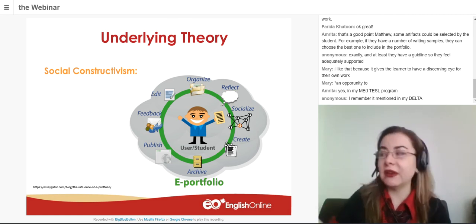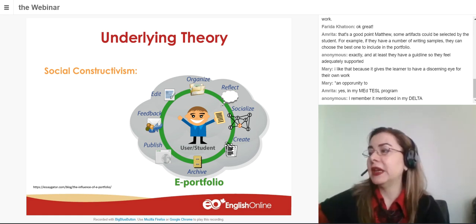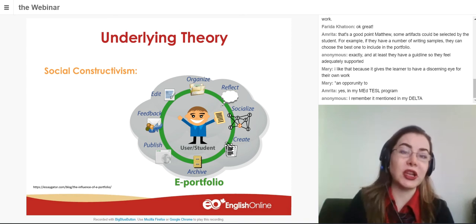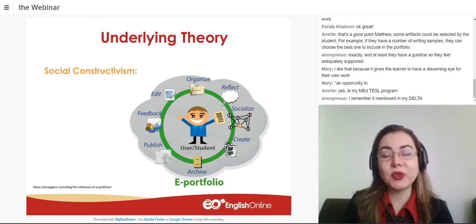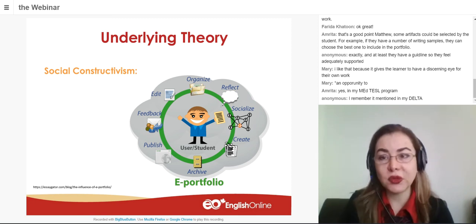Another evidence of effective learning is that it happens in a social context. So this is the other part of the theory. There is interaction that takes place after the learner constructs his or her own knowledge.